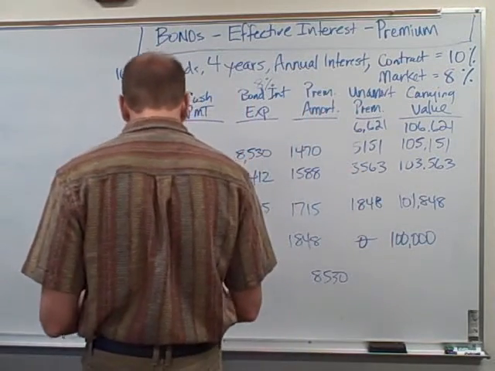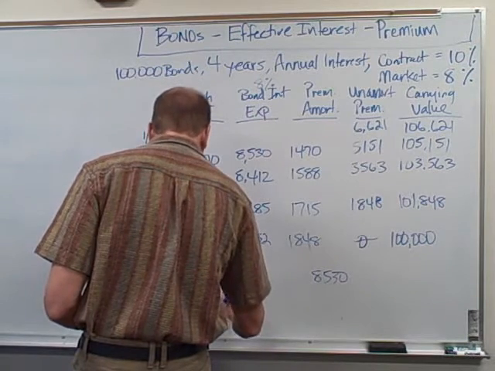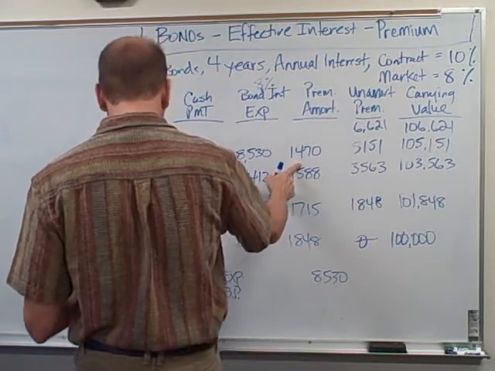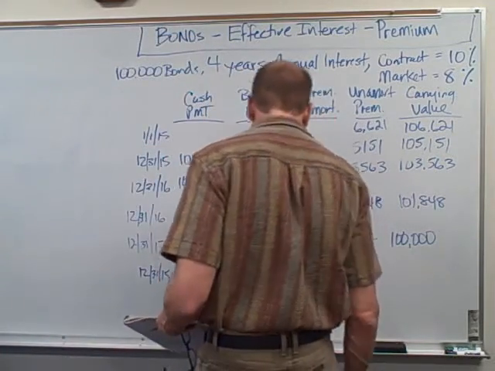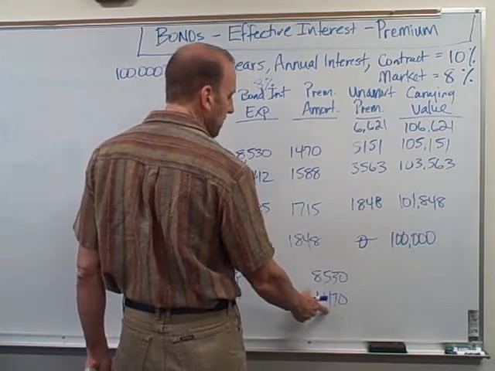And then we've got our premium on bonds payable of 1,470. That's how much we're using up of the premium, because remember the premium has a credit balance, so we're using up part of this.